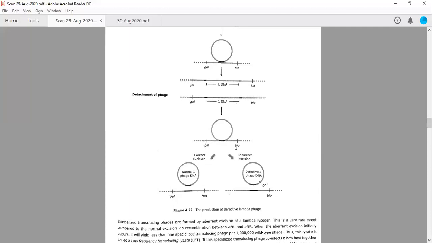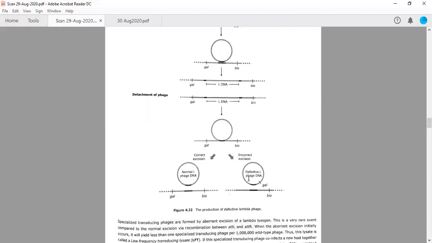So either the galactose metabolizing genes or the biotin synthesizing gene will come inside this defective lambda phage DNA, as it is showing, this gal gene is coming inside the lambda DNA, and then it will be packed again inside the head region and then infect some other bacterial cell.